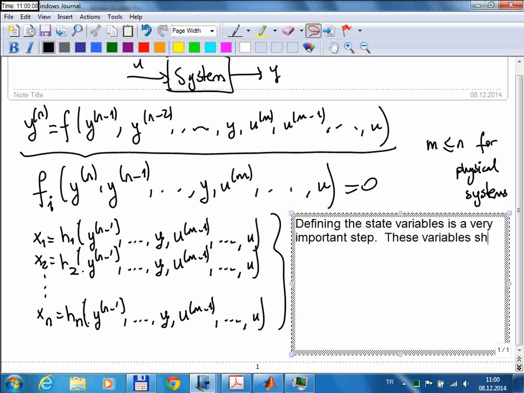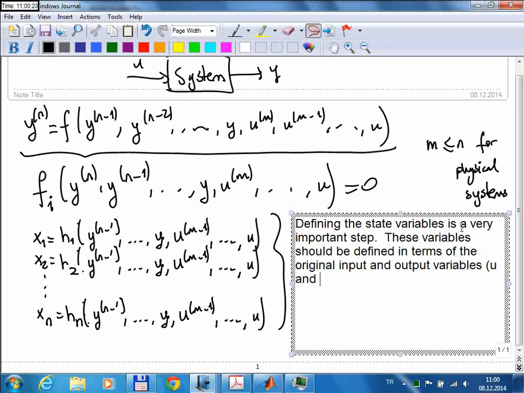These variables should be defined in terms of the original inputs and output variables u and y and their derivatives up to n minus 1 and m minus 1.